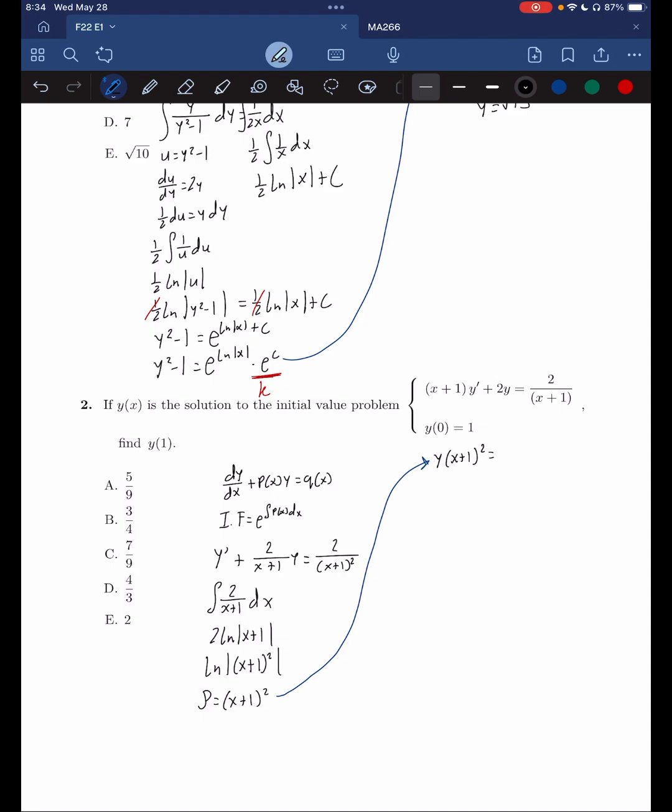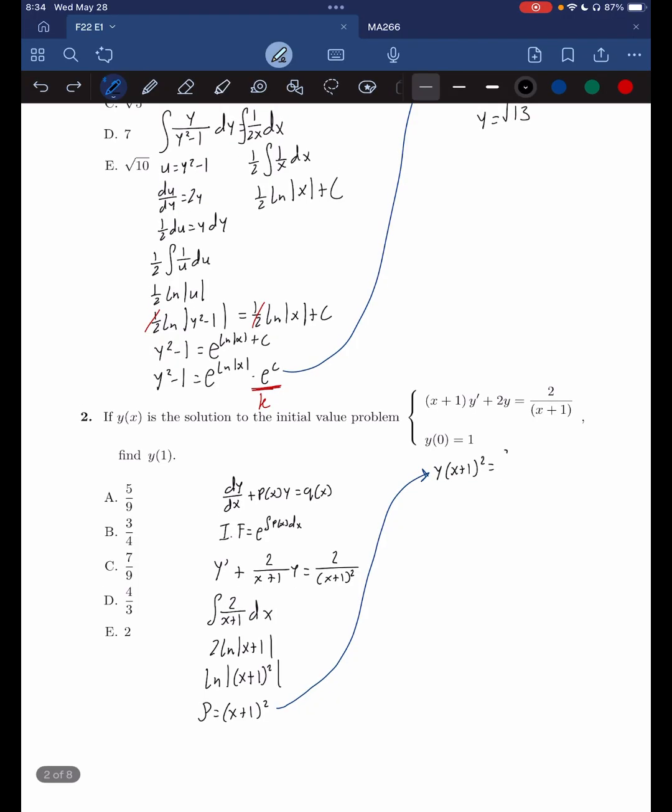And we take whatever is on the right-hand side, our q of x function. We say this is equal to the integral of q of x times your integrating factor. Now, what is our q of x? Keep in mind, it's not 2 over x plus 1. It's actually 2 over x plus 1 squared because we divided out the x plus 1 to begin with.